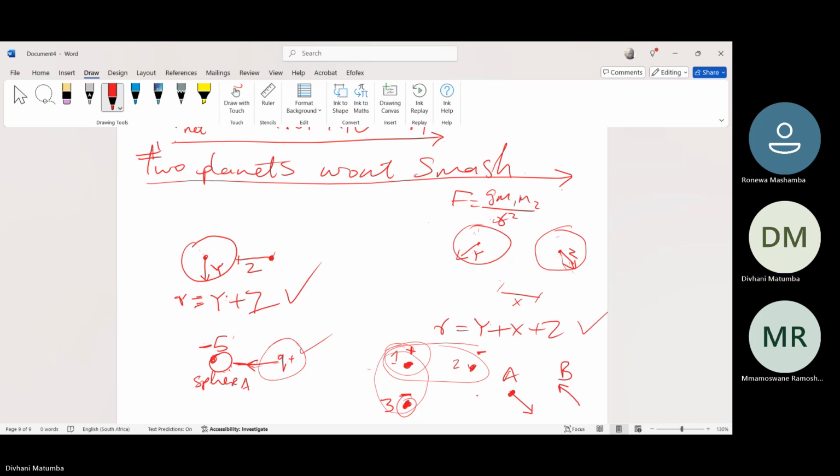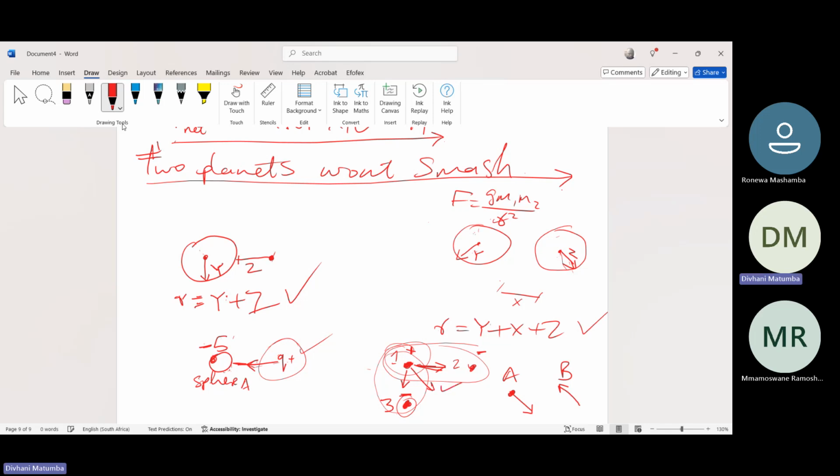So I think it's A. It is A, because the first one will move to the right, and also it will be attracted downwards. Therefore, the resultant will be there.